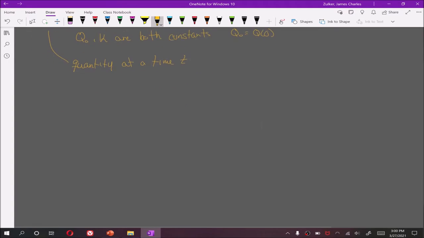Now, let's take a look at the derivative of Q of t. This will give us the derivative of Q naught e to the kt. Right, using the constant multiple law, this is Q naught times the derivative of just e to the kt.